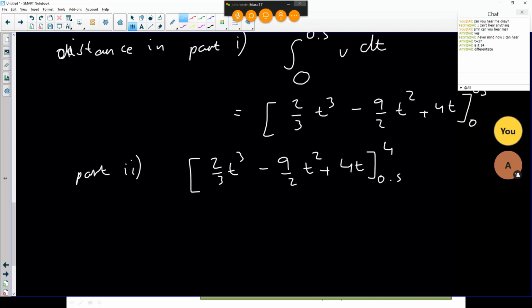And finally, in part 3, firstly we need to understand this area is going to be negative. Now if it's negative, I need to turn it positive.